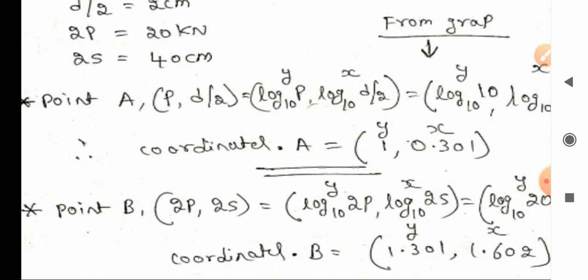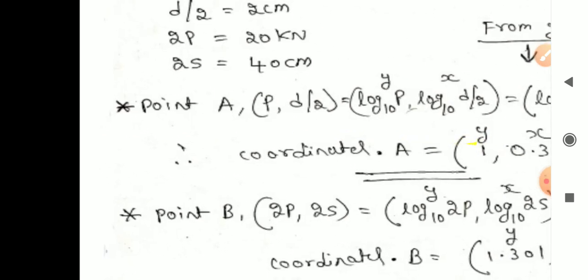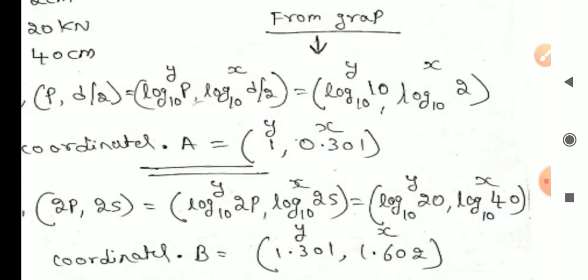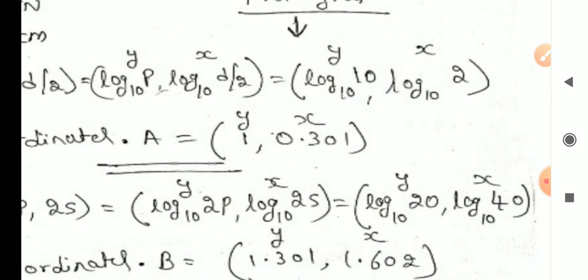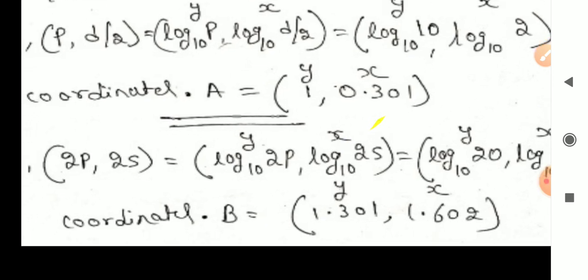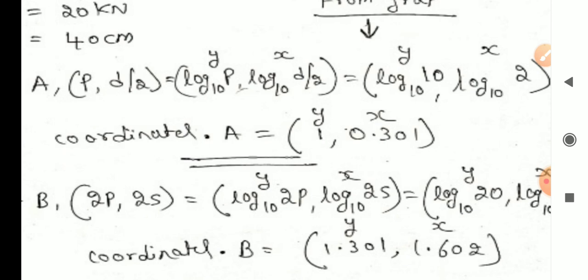Similarly 2p comma 2s. So log 10 of 2p and 2s, which we already found. 2p is equal to 20, 2s is equal to 40. So here the coordinate B is 1.301 and 1.602. That means log to the base 10: log 10 is 1, log 2 is 0.301.